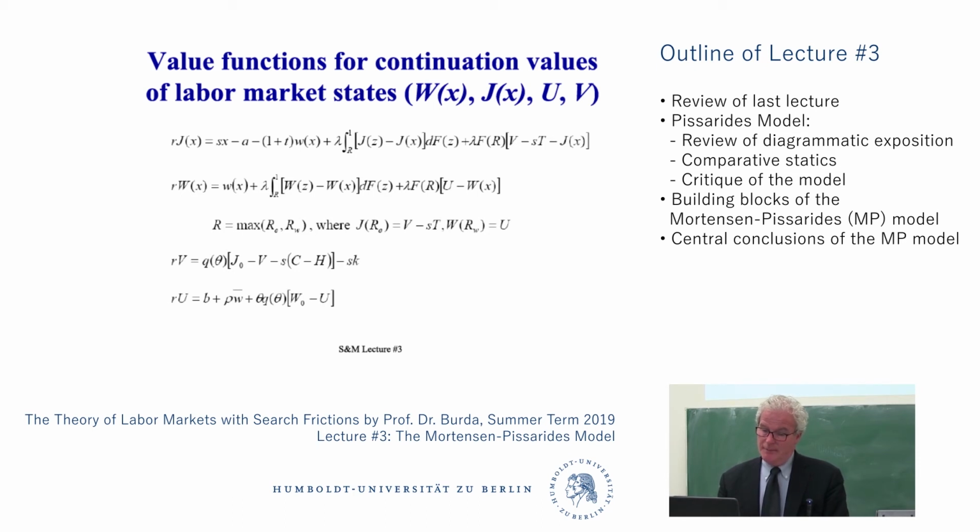C was the cost of hiring the worker, and H was the subsidy I might be getting from the government for hiring the worker. So that's a prospective capital gain, if you like, from moving from a vacancy posting state into the state of having value J. Now, why is it subscript 0?